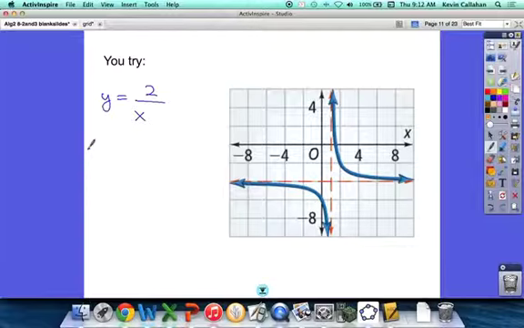How much is it? Looks like it's 1 to the right. What about this? 4 down. Where do you take away 1? In the denominator, 1. Subtract 4, right? Minus 4. This is right 1, down 4. Easy stuff.